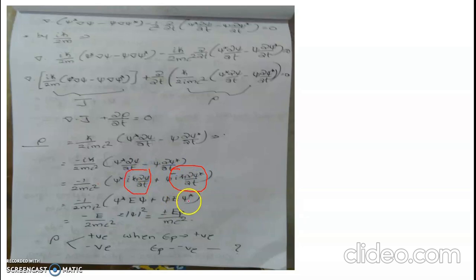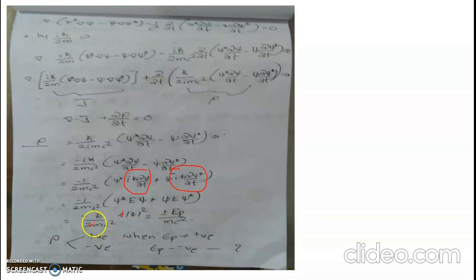That also will be equal to Eψ*. So this is minus 1 by 2mc² into (ψ* Eψ plus ψ Eψ*), where E is now a scalar that is taken out. What remains in the bracket is ψ*ψ plus ψψ*, that is ψ² plus ψ², 2ψ², and this 2 will vanish to make it minus E by mc².